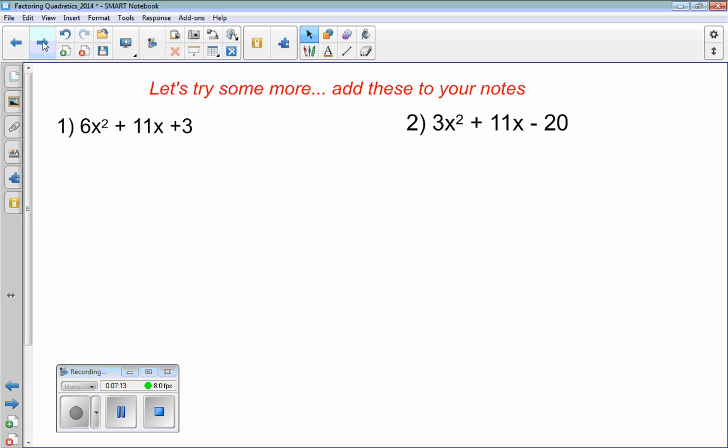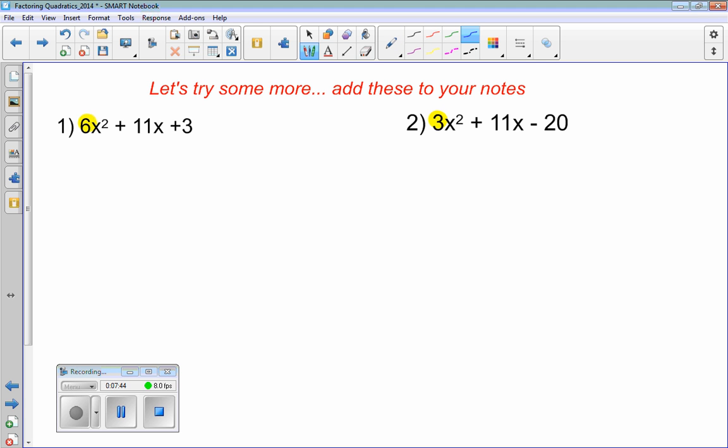But there is not one number or letter that goes into all three. How about over here? 3x squared, 11x, and 20. Is there any number or letter that can go into all three? So I can't take out the GCF. So I always check for that first. Because the number with the x squared, that a, is bigger than 1, that's my clue that I have to be careful when I'm factoring.